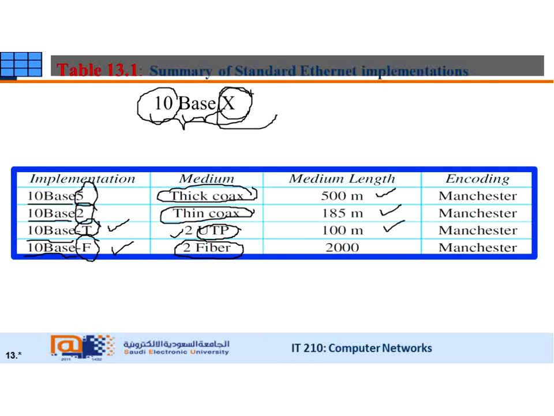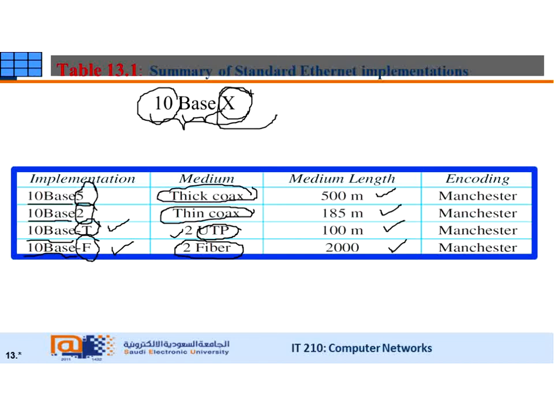These are the medium lengths: 500 meters, 185 meters, 100 meters, and 2000 meters. And the encoding that we are using is Manchester encoding. This encoding is in chapter number 4. It was not in your course, so we have not discussed encoding schemes. Otherwise, if you want to study it, you can study it from chapter number 4.